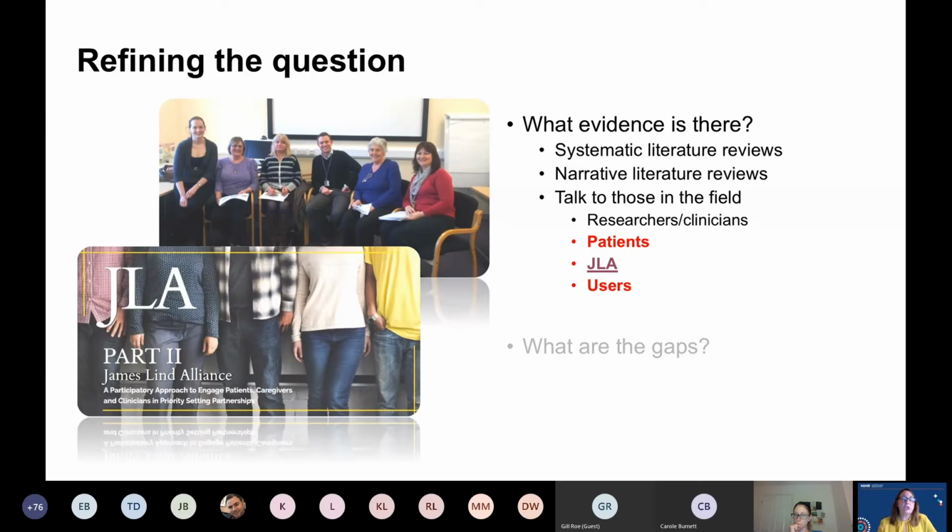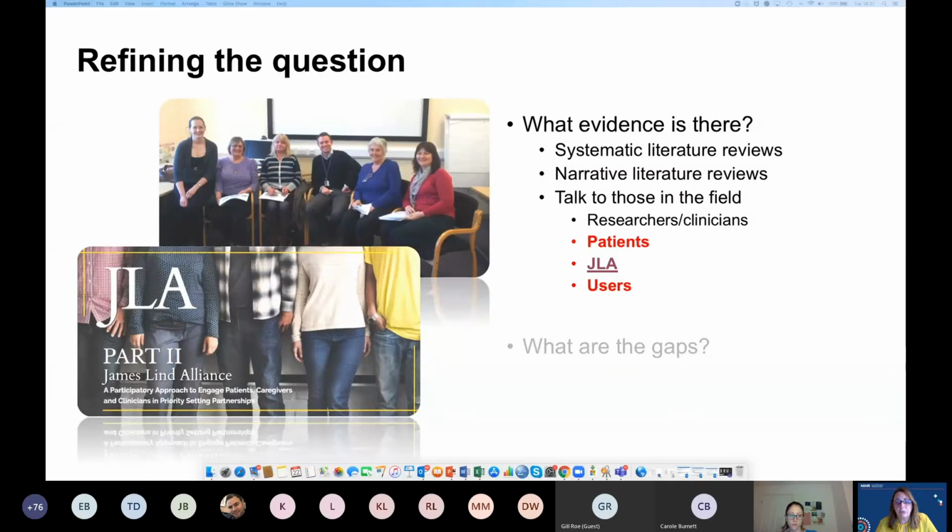The other thing is look at the James Lind Alliance. And the James Lind Alliance is an incredibly important group. They're basically a partnership approach to prioritising research questions, and they've done prioritised research in a number of different areas. And I'll just see if this will come up.